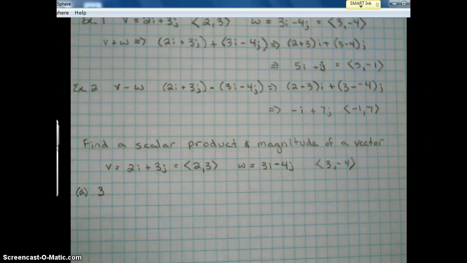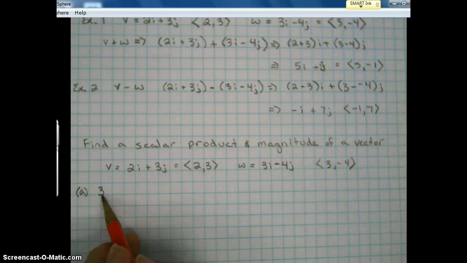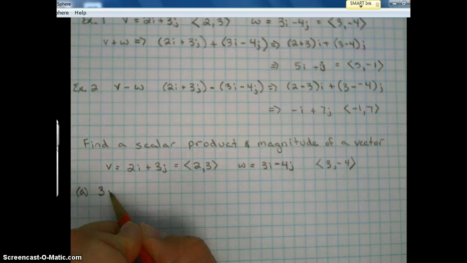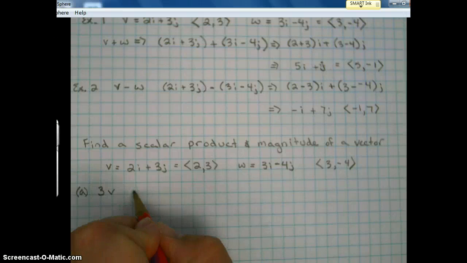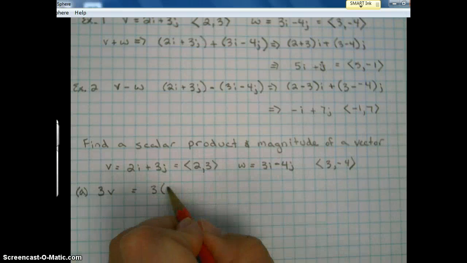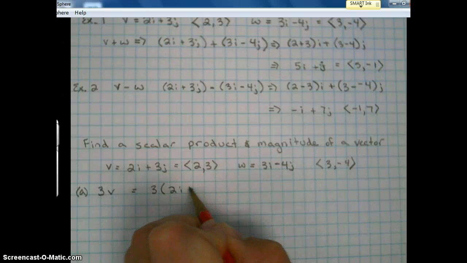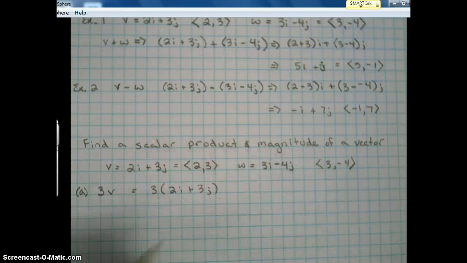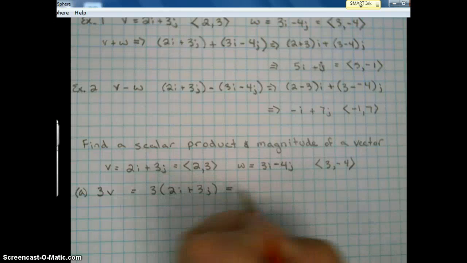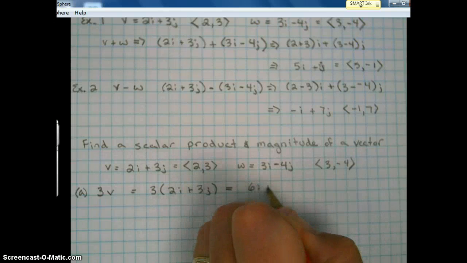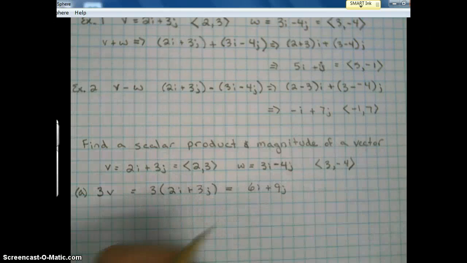So remember, a scalar has magnitude but no direction. So we're going to multiply 3 times v. So to do that, we're going to multiply 3 times 2i plus 3j, simply 6i plus 9j.